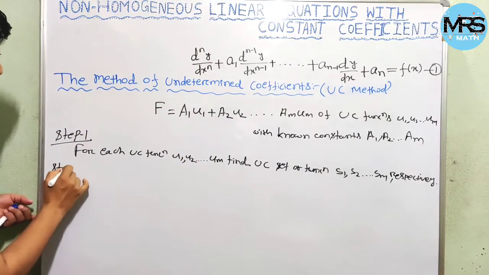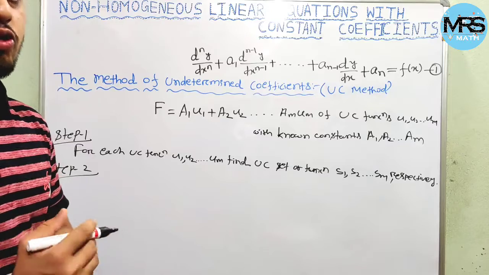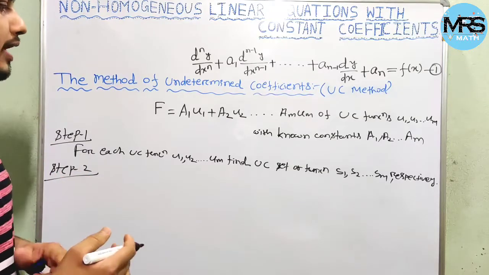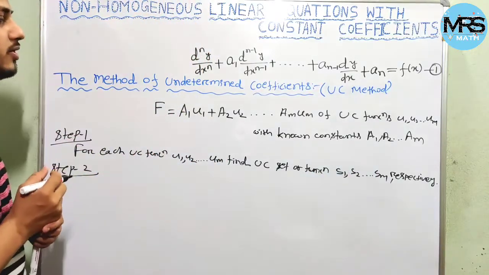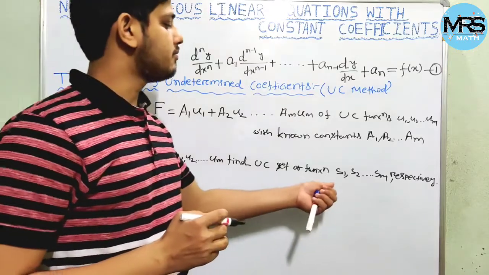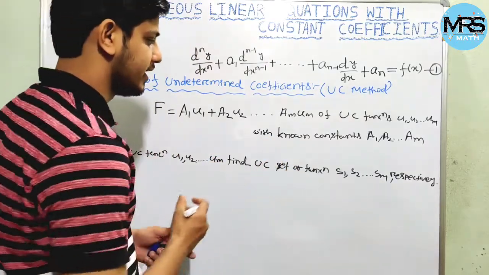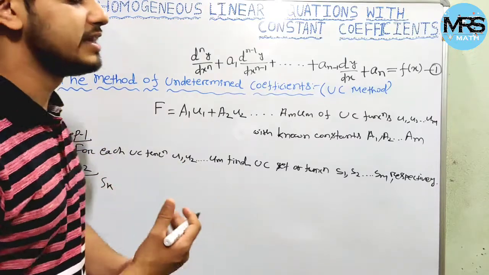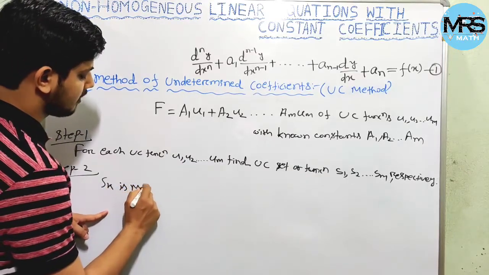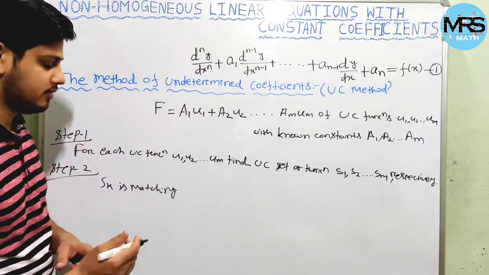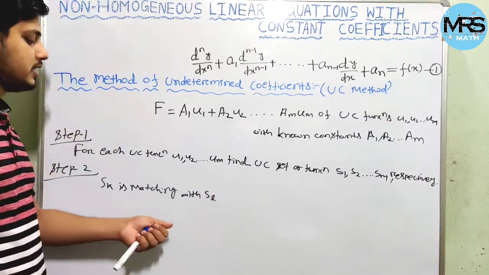Okay, so the second step, actually the second and third steps, both are omission stages, you can say. We have to omit some sets. How will we omit? In the second step, we see if some sk, that means a UC set, is matching or equal to sl, another set of functions.